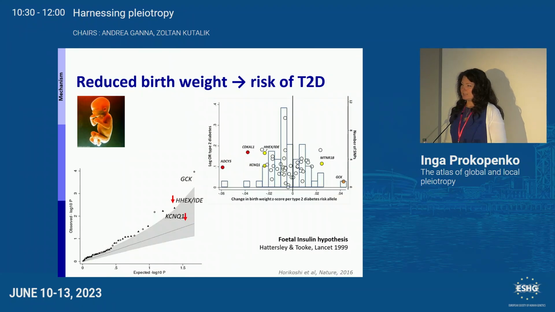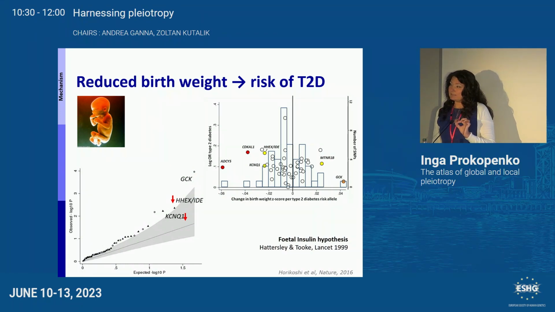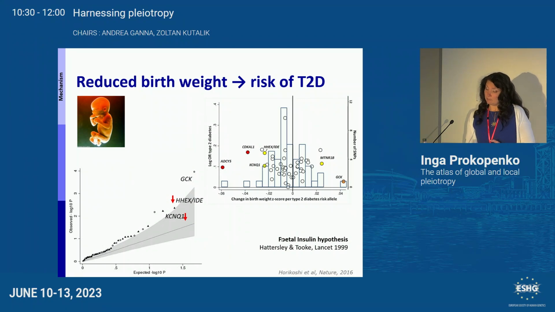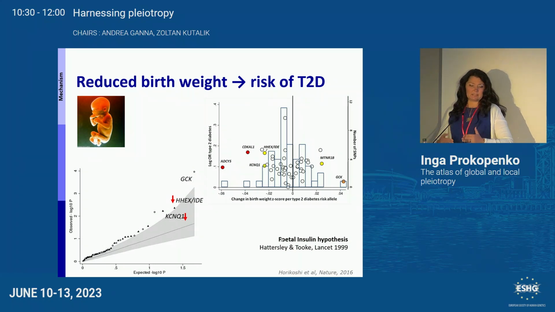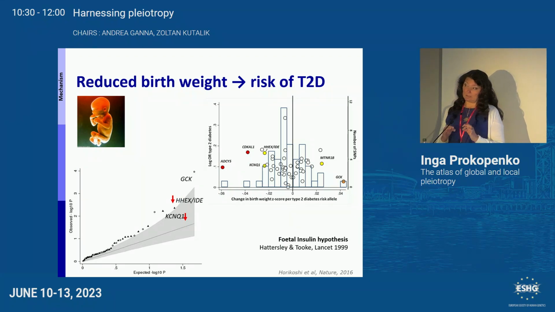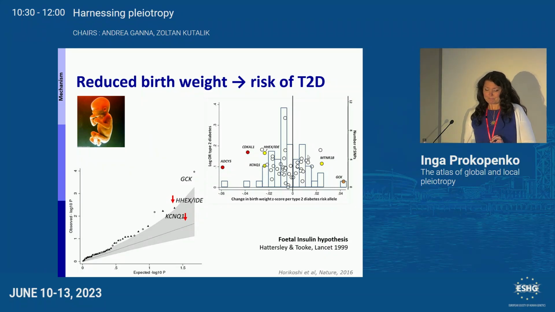But there is a trick. This effect is easily observed for some loci which are also associated with diabetes. This is the fetal insulin hypothesis, which says that if insulin produced by the baby is lower, then we have a higher risk of diabetes.